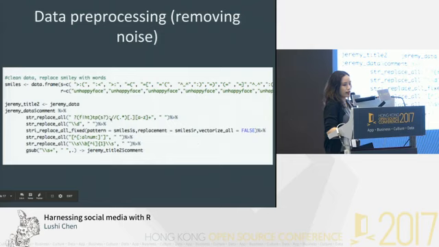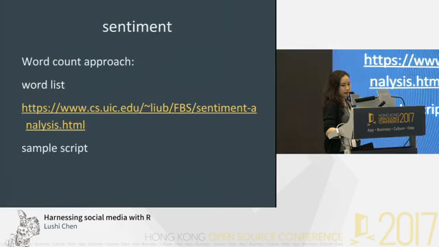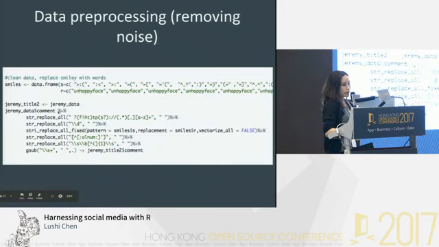We remove the hyperlinks, remove the extra spaces, and so on. So we do a lot of cleaning of the data, and it's very easy to do with R, just a few lines. I need to mention this sign is piping. It's to connect the different commands in R.